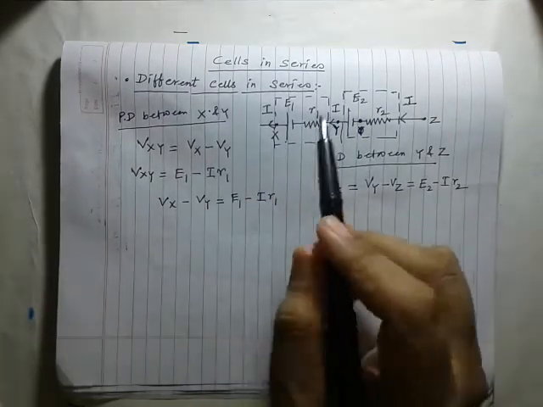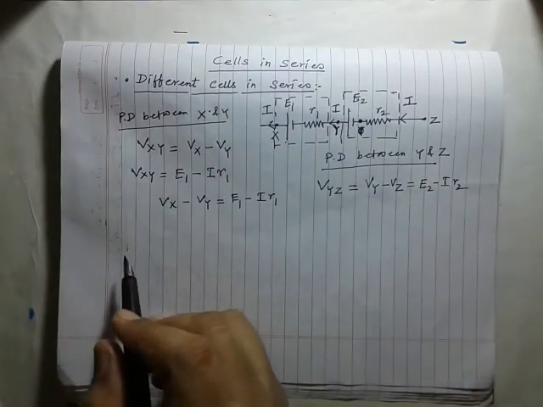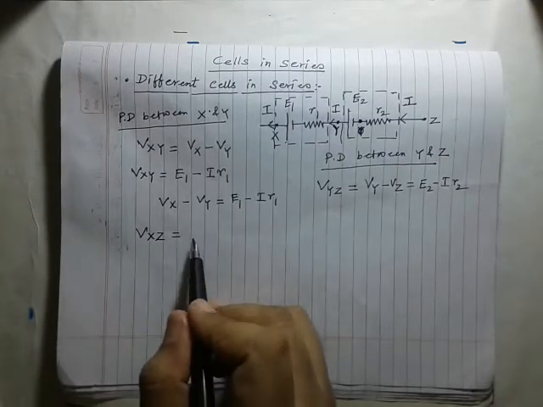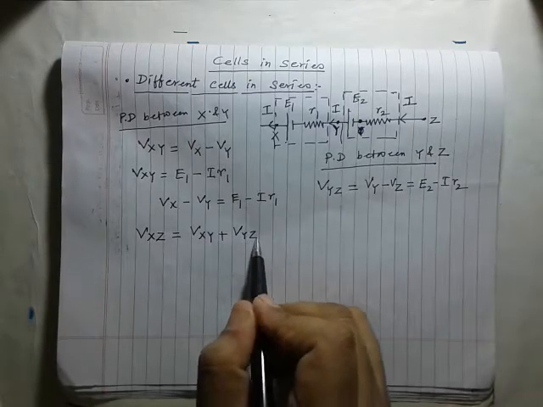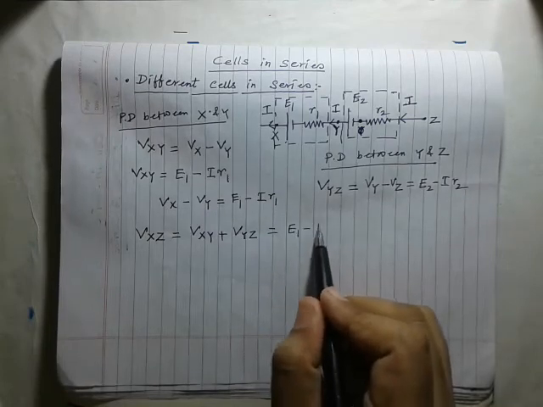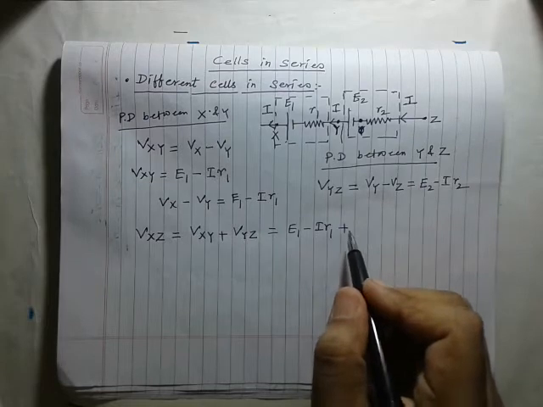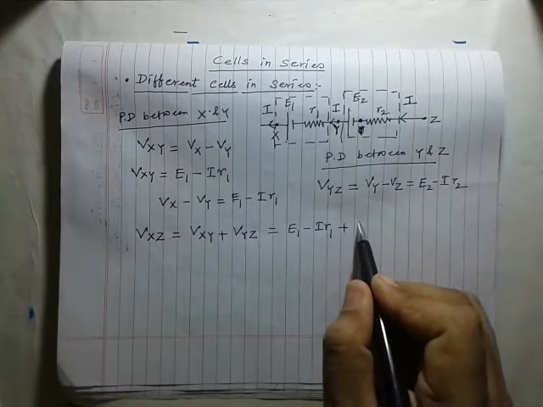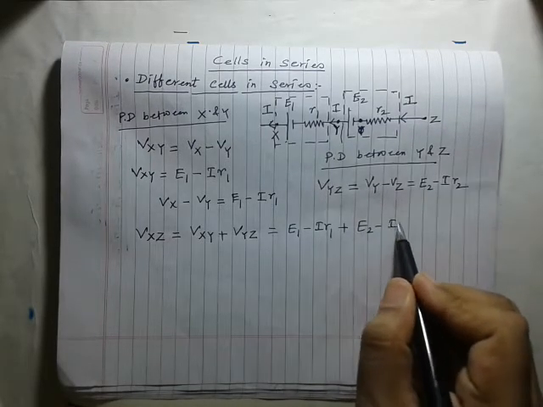Now what is the potential difference between X and Z? So you can write Vxz is equal to Vxy plus Vyz, which is nothing but E1 minus I R1 plus E2 minus I R2.